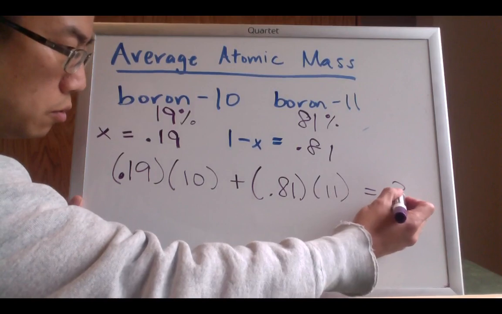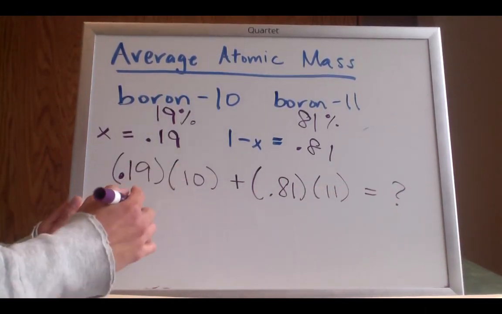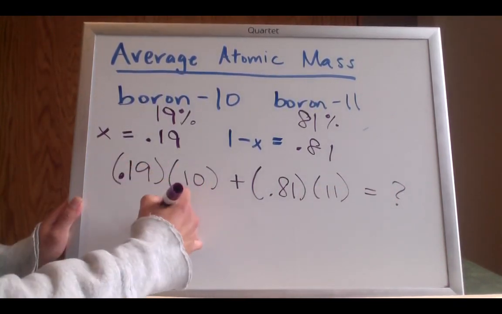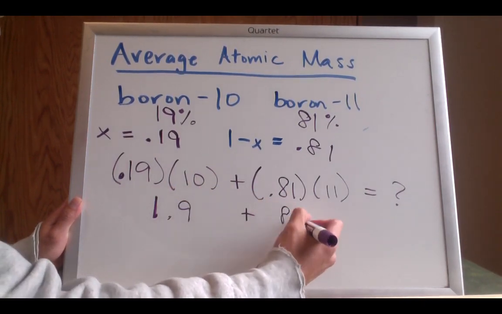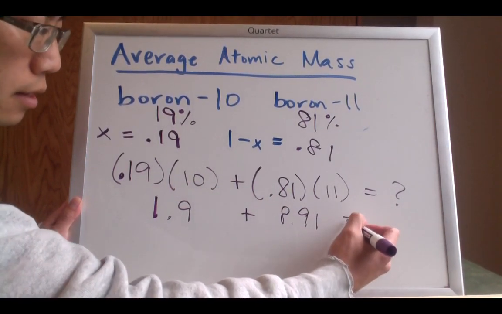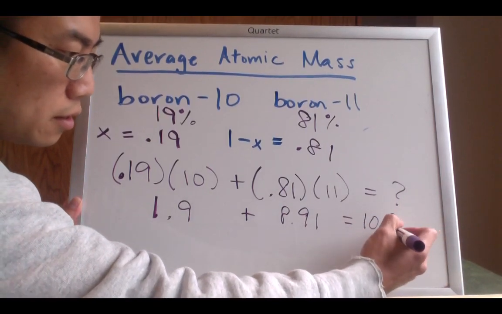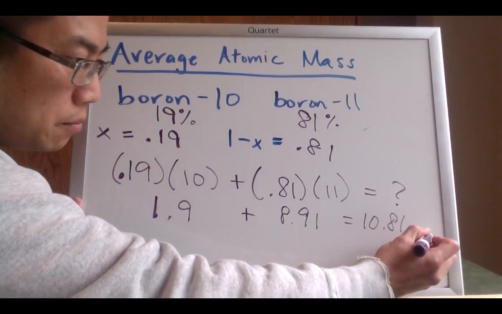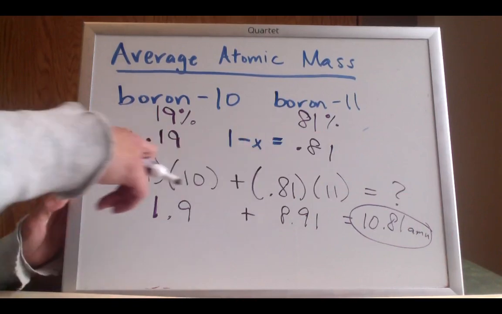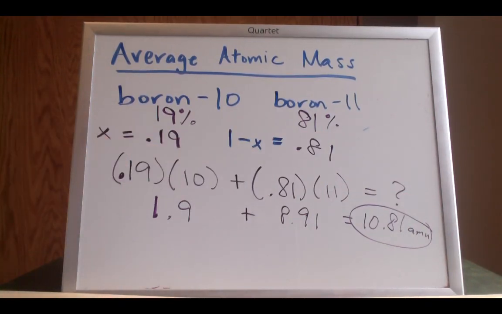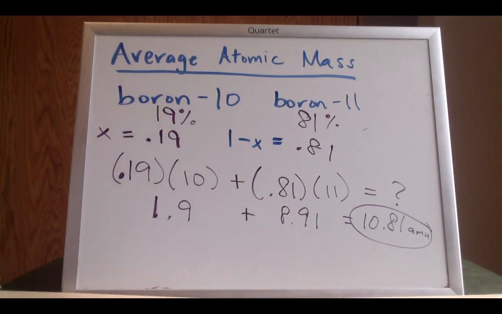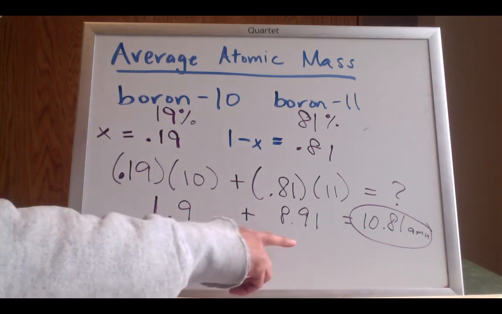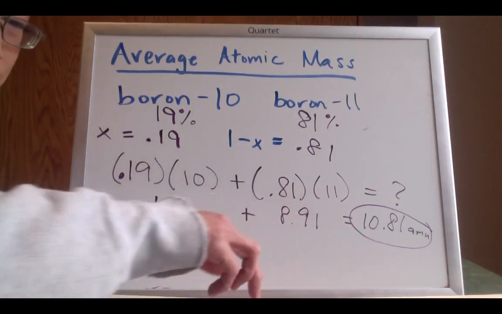When we do the math, we end up with 1.9 plus 8.91, which gets us 10.81 AMU, the average atomic mass of boron. So we showed both ways: how you can get the relative abundances from the two isotopes, and also how you can go the other way and get the average atomic mass.